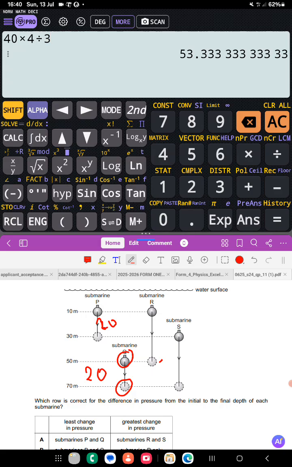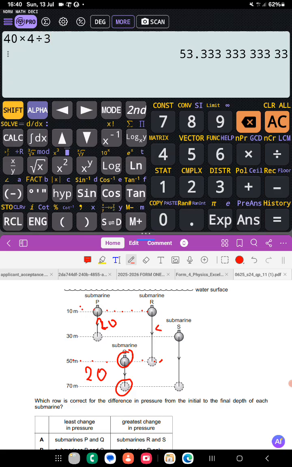R is at 50 finally, and initially it is 10. So we subtract 50 minus 10.